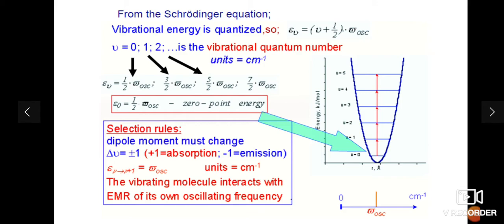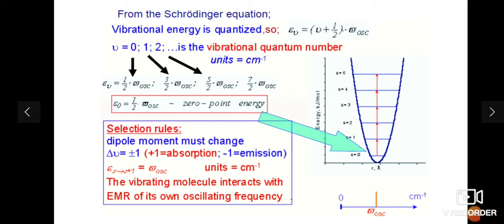So if you calculate the energy gap between the lower energy and the higher energy, you will get half omega bar oscillation. The zero point energy is nothing but the vibrational energy at the 0 level, equal to half omega bar oscillation. The vibrational levels, like all other molecular energies, are quantized and can be calculated from the Schrodinger wave equation as the only energies allowed to a simple harmonic vibrator.